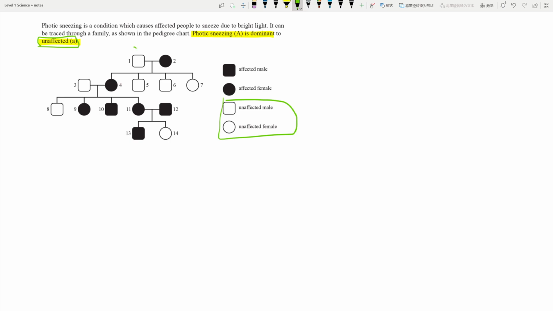So straight away, small a, these people are all going to be homozygous recessive, regardless. And if we apply the same thinking, if we got number 5, 6, 7 all being homozygous recessive, that means their parents, again, if you got two small a's, must have a small a each.